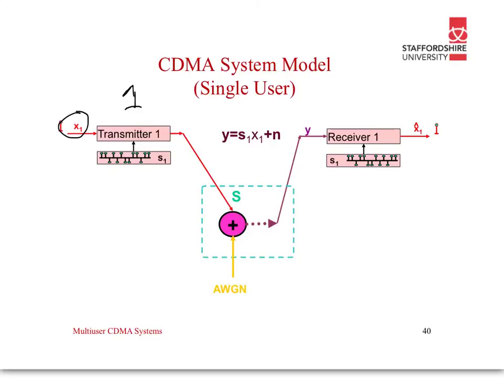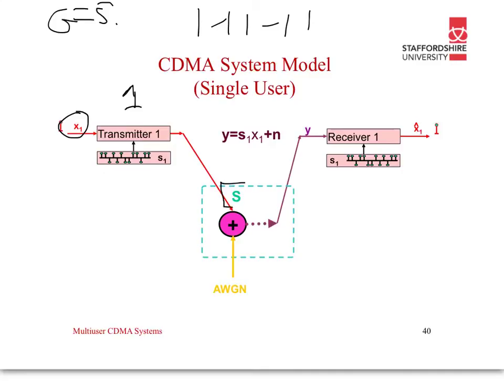So here we multiply our signals, so rather than having just a 1, let's say the spreading gain is 5, for instance, we would have 1, minus 1, 1, minus 1, 1. So we'd be transmitting 5 bits rather than the single bit that we had. Then we pass this to the channel.